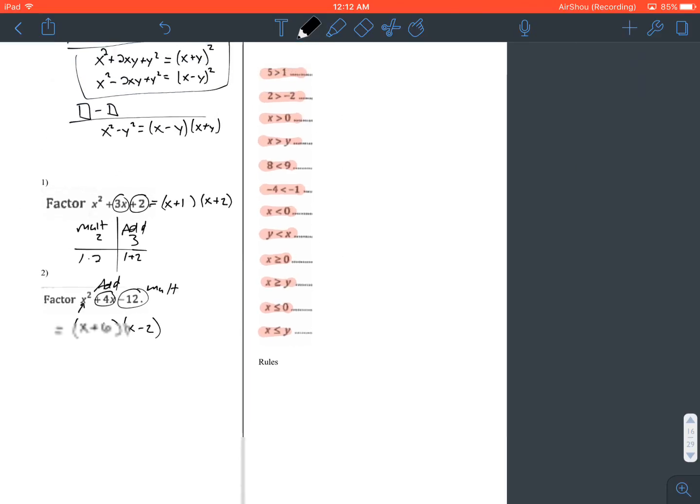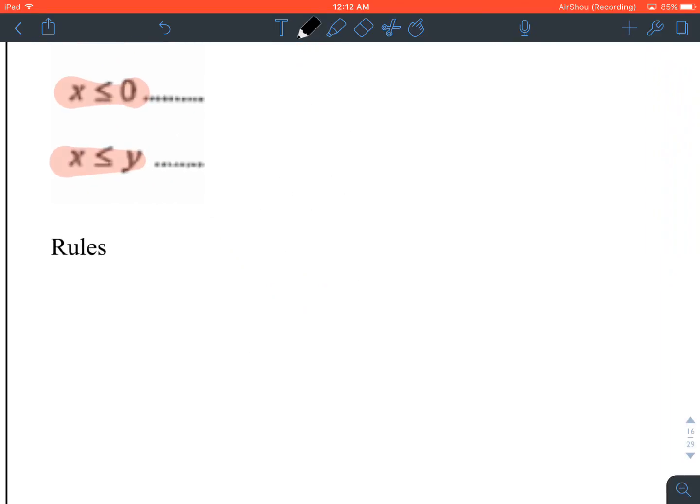So what are some rules for inequalities? They're the same rules as for equations with one exception.